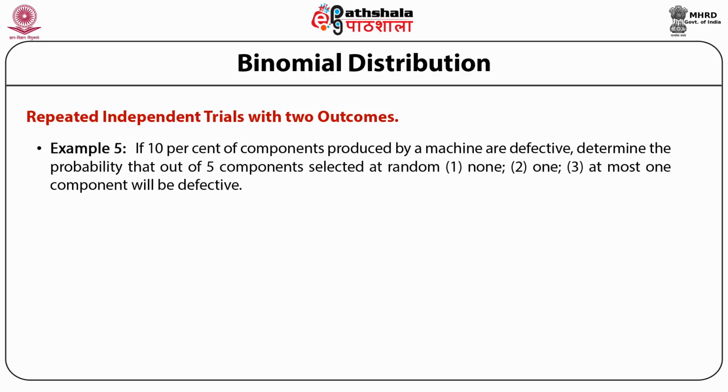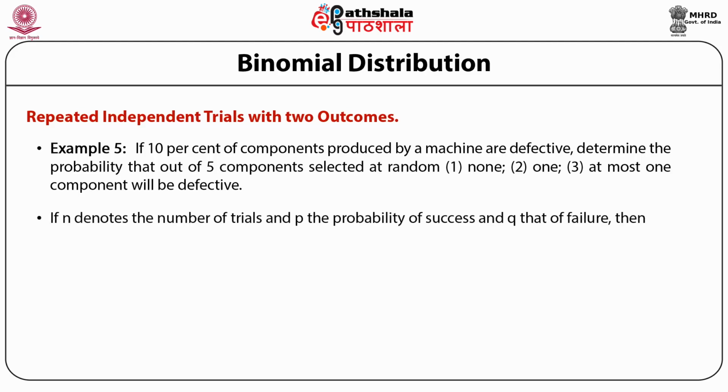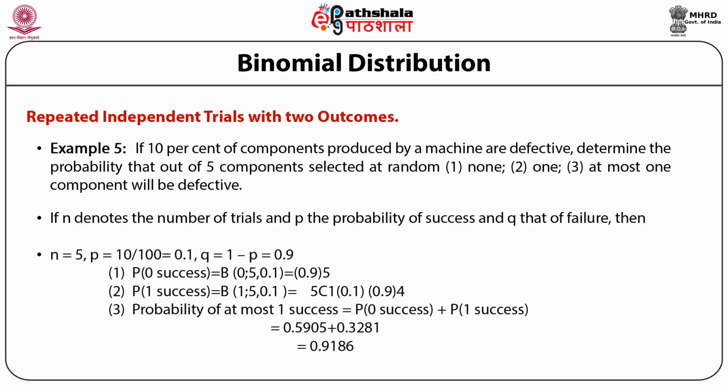Since 10% of the components are defective, the probability is given. 5 components are selected at random, so n is also given. Let n denote the number of trials, p the probability of success, and q that of failure. So here n is equal to 5, p is equal to 10%, that is 0.1, and q is equal to 0.9.